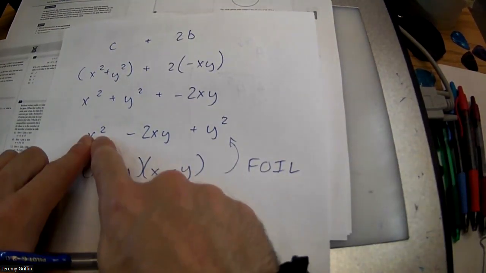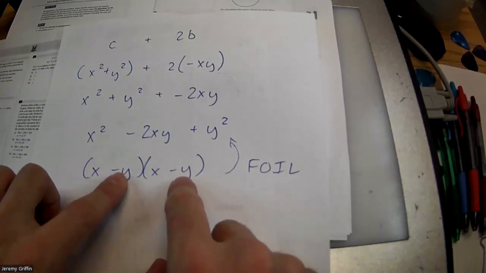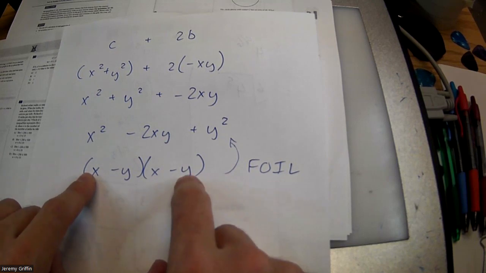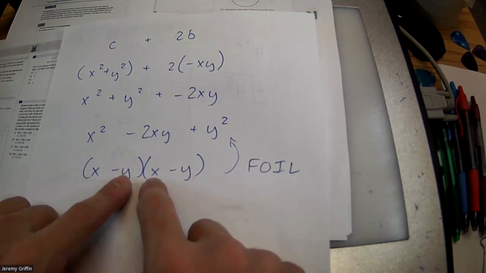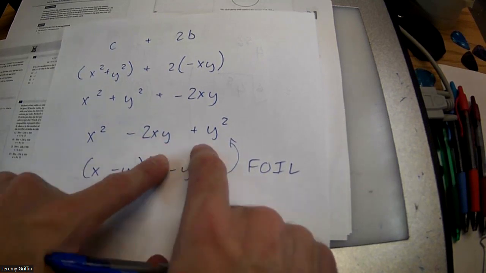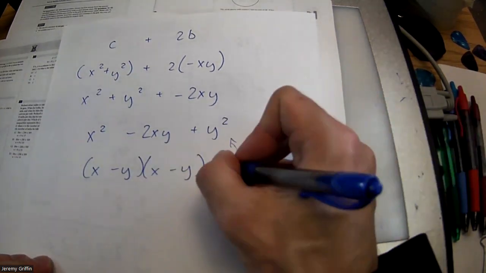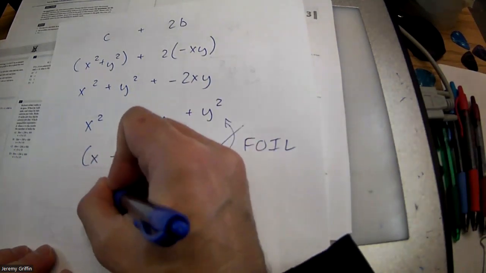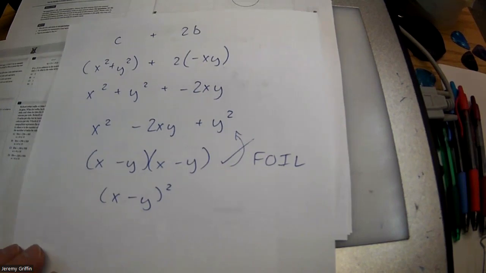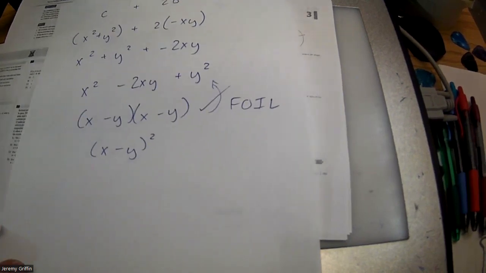X times x, x squared. Outside, x times negative y, y times negative x, add those together, don't you get this term? Negative 2xy. And then negative y times negative y is positive y squared. Okay, so this checks out. Is that the same thing as that? And that is the answer. Option C. Yeah, 11 is C. Guys got C for number 11?